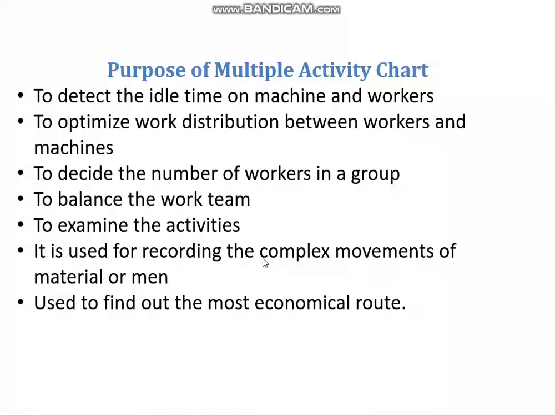It is used for recording the complex movements of material or men, and it is used to find out the most economical route also. You can eliminate some of the circuitous routes, where the raw materials or semi-finished goods are coming, if it is taking more time. Because we are tracking the activities of man also. So with this we finish this multiple activity chart.